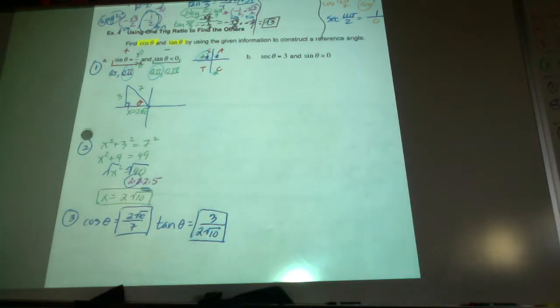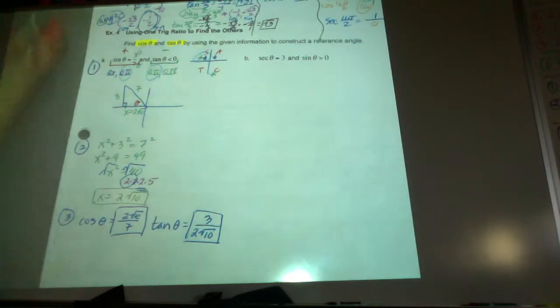I choose not to. If they're going to waffle back and forth, then we're going to stay with the waffling. All right. The only ones you have to rationalize are where? The special right triangles, 30, 60, 45 degrees. Those are the ones that I want written rationalized. The rest of them, you don't have to.